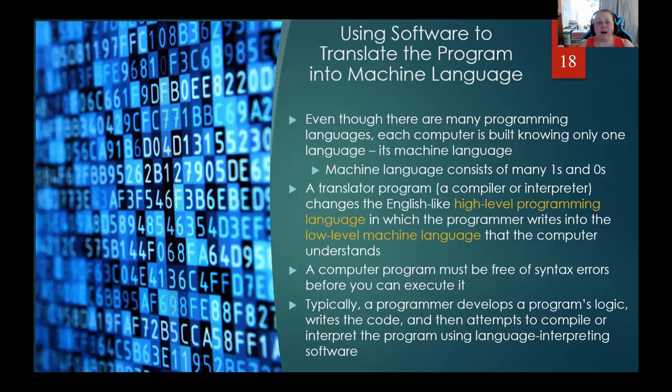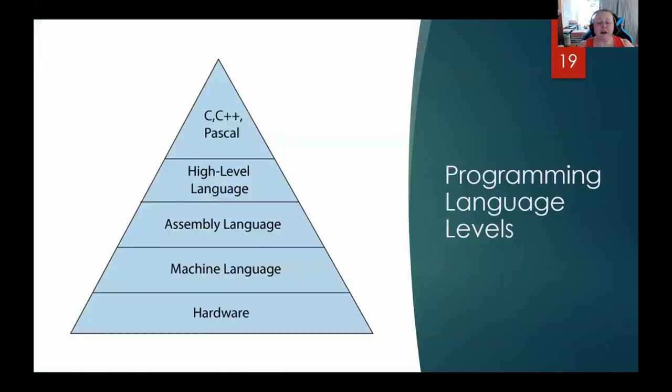So your program has to be free of those syntax errors before you can do it. And then you have a specific translation program that is associated with whatever language you use to program. It's going to go through your program and translate it into those ones and zeros so that your computer can then execute.